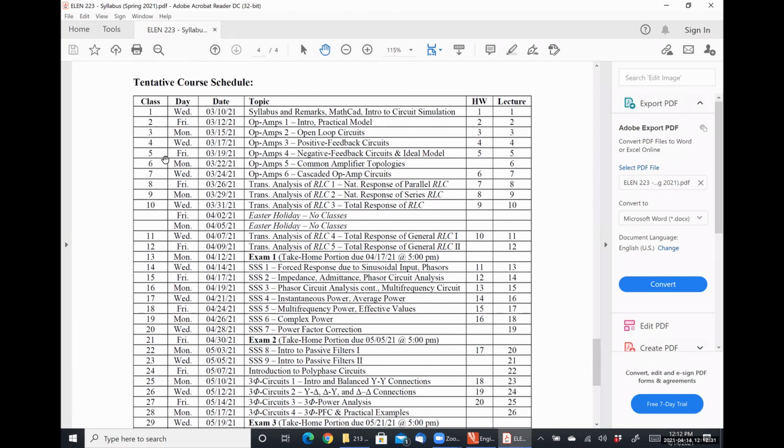And then we were going to talk about admittance and phasor circuit analysis. And then on Monday, we had more phasor circuit analysis and then multi-frequency circuit analysis. So this phasor circuit analysis, we're going to be able to talk about 40 to 45 minutes on. And then multi-frequency circuit analysis might only take 20 minutes or so tops.